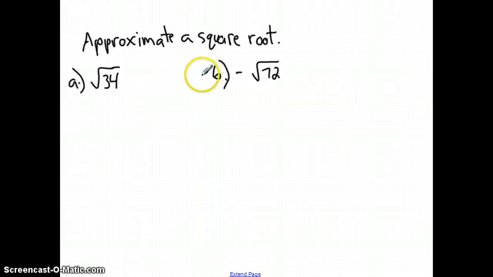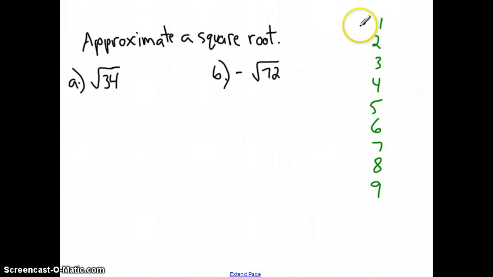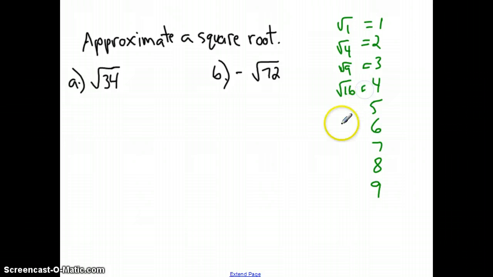Alright, for approximating square roots, let's start with the square root of 34. I'm just going to make a list over here of the perfect squares that we've got, and I'm just going to put 1, 2, 3, 4, 5, 6, 7, 8, 9. Well, if we were to do the square root of 1, we get that. Square root of 4, we get that. Square root of 9, we get that. Square root of 16 would give us 4.